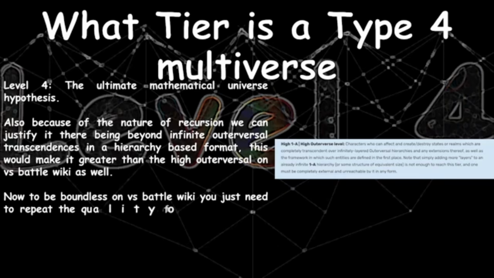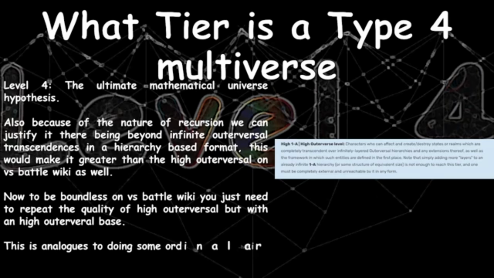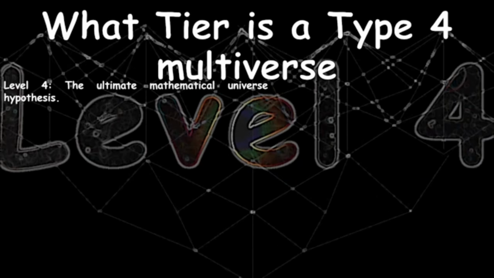Now, to be boundless on Versus Battle Wiki, you need to repeat the quality of high alderversal, but with a high alderversal base. This is analogous to doing some ordinal arithmetic. Now, let's denote a capital Omega as alderversal, like this.